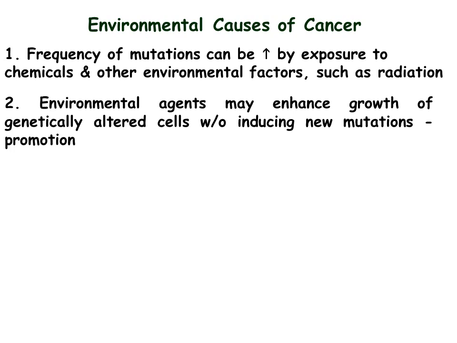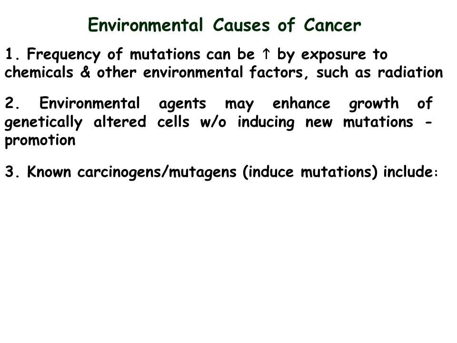So first of all, you're exposed to some sort of factor that will induce a mutation, and then another factor might promote its growth without inducing further mutations, and we call that promotion. And we'll talk about the various stages of cancer development in just a little bit.